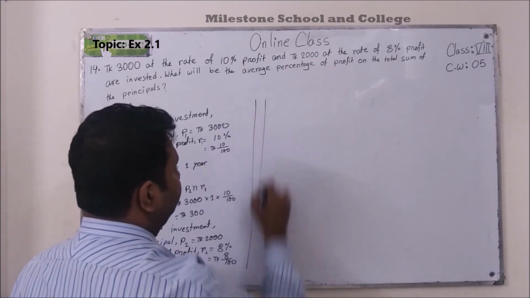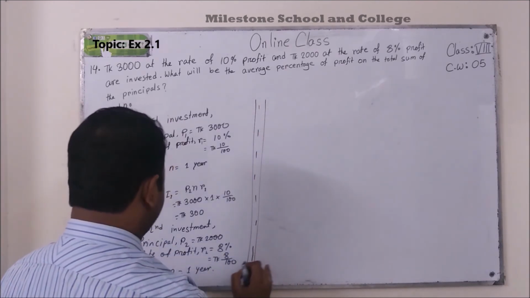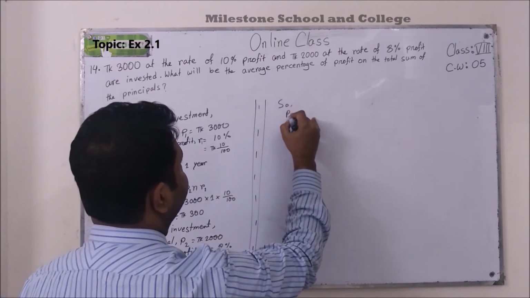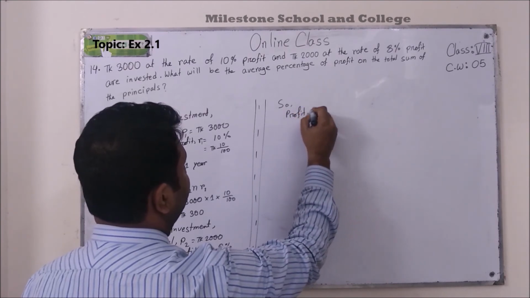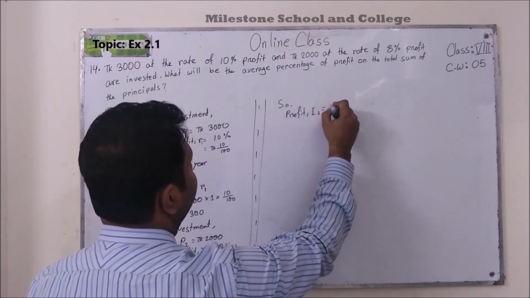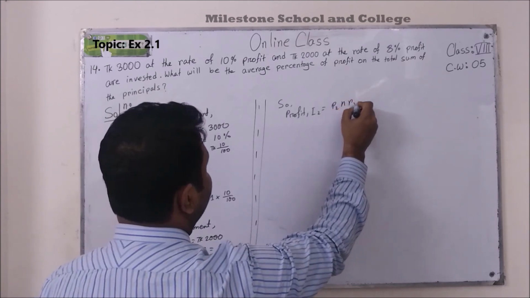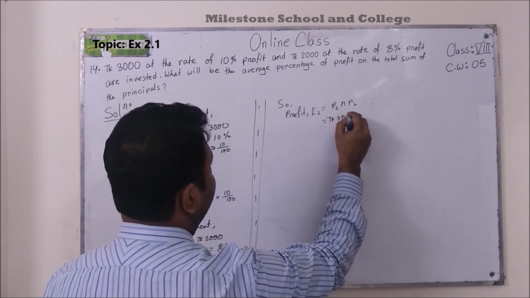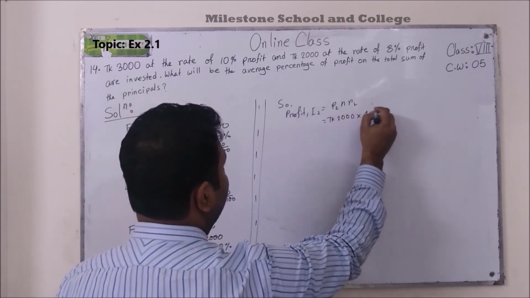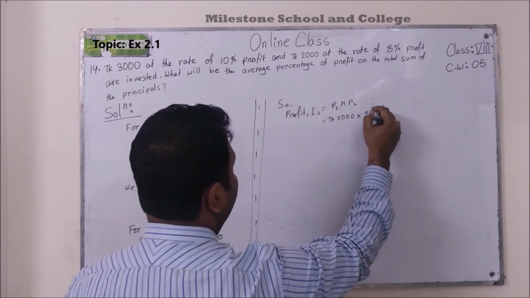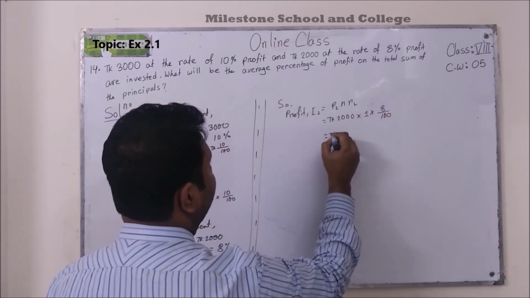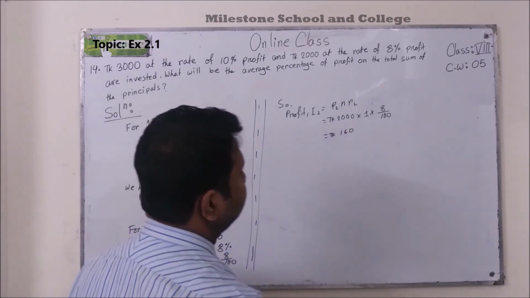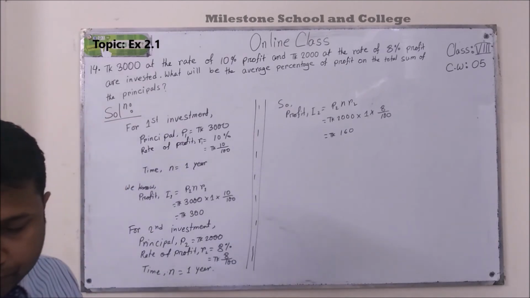So we have to use the formula. Profit I2 equal to P2 into n into R2, that means taka 2000 into n equal to 1, R equal to 8 by 100. If you simplify, that will be 160 taka. That is your profit.